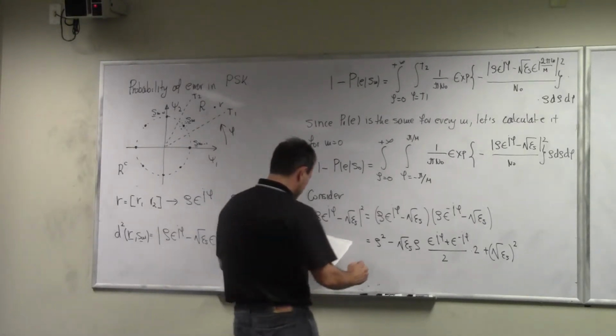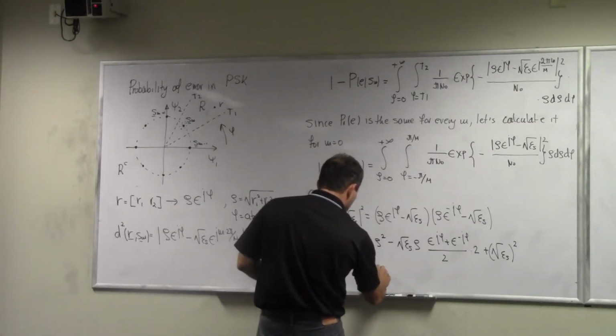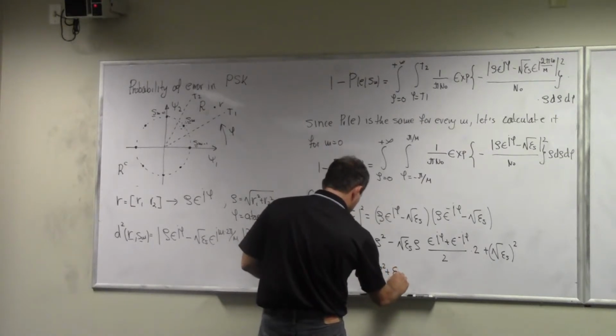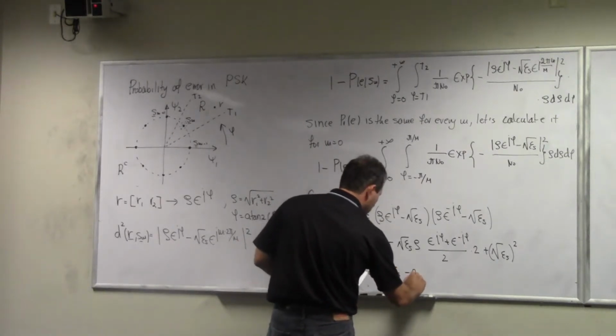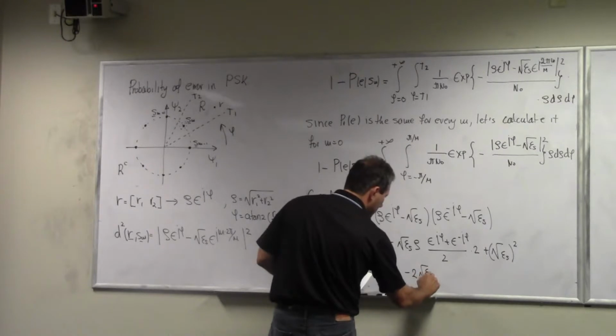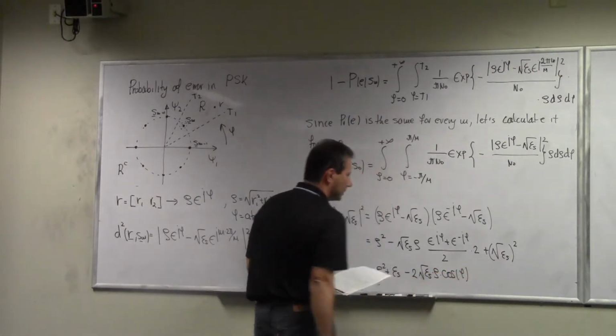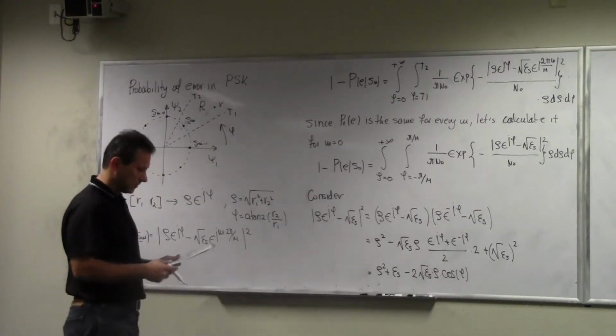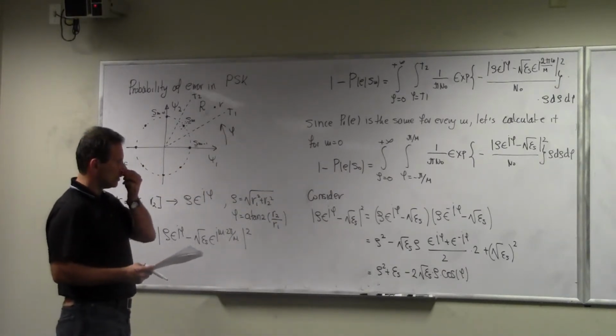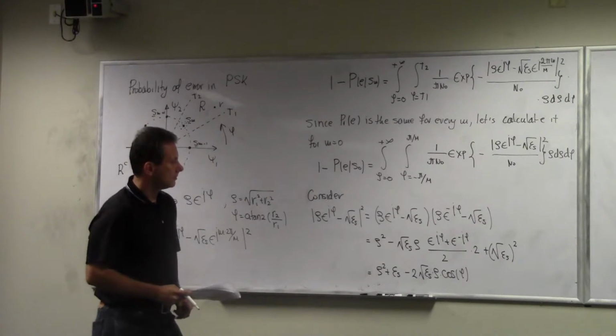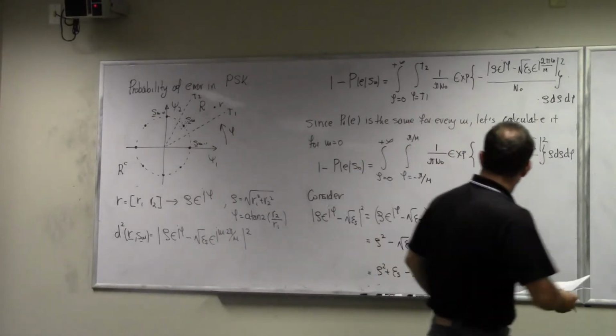So this ends up being rho squared plus epsilon s minus 2 times square root of epsilon s times rho times cosine of phi. So that's a simplified version of this magnitude squared.